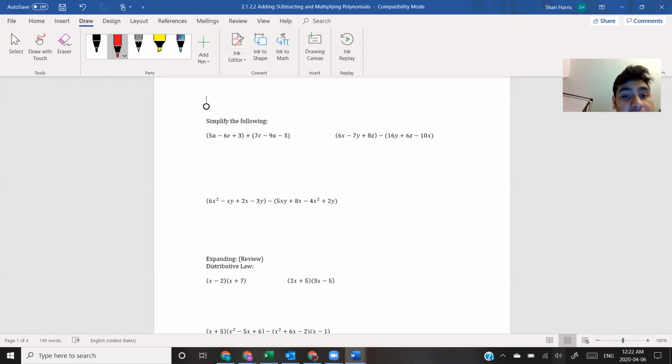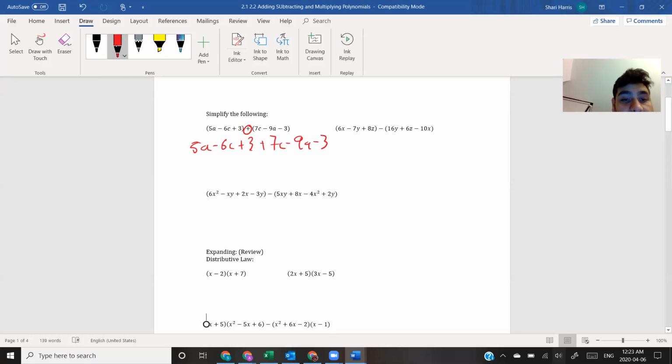Simplify the following: 5a minus 6c plus 3, plus 7c minus 9a minus 3. There's a plus in front of the bracket, so none of these variables change sign, so we can remove the brackets. 5a minus 6c plus 3 plus 7c minus 9a minus 3.